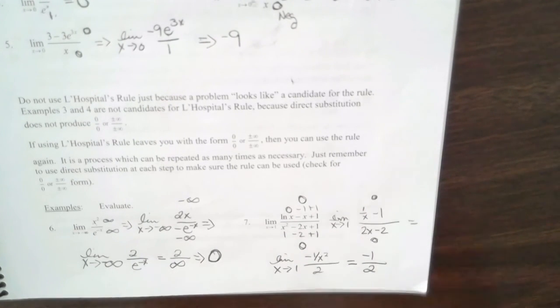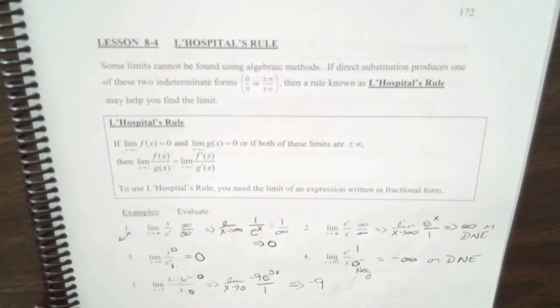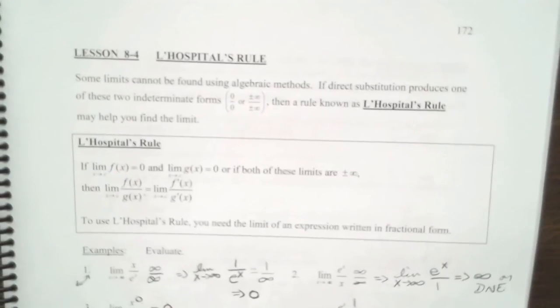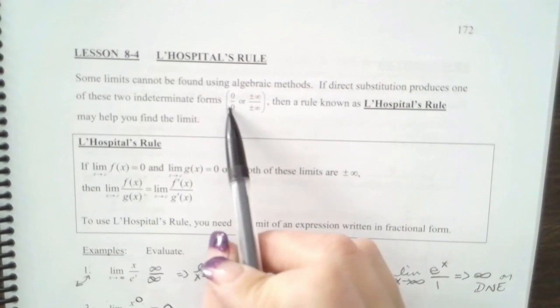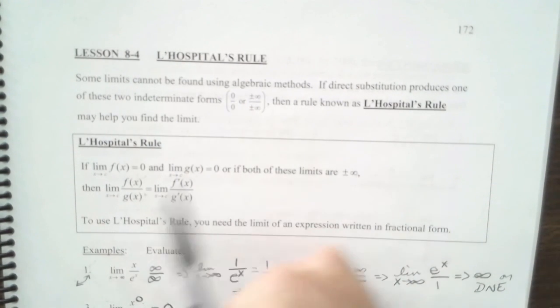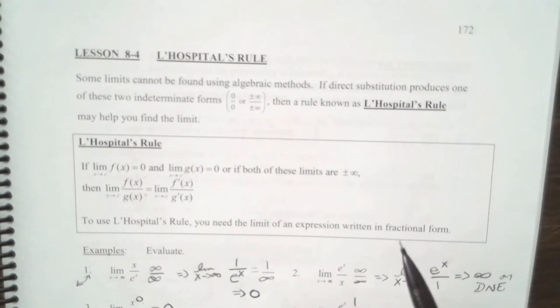So our answer is the limit is negative 1/2. So recap, L'Hopital's rule allows us to go a step further if we are given an indeterminate after we substitute in our limit.